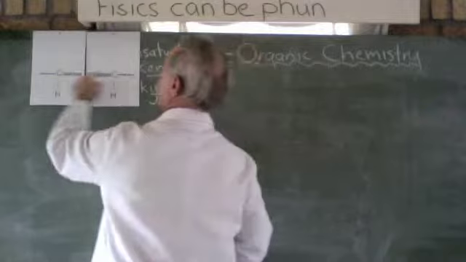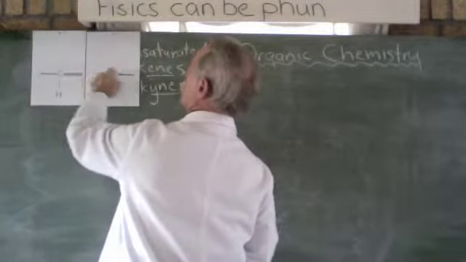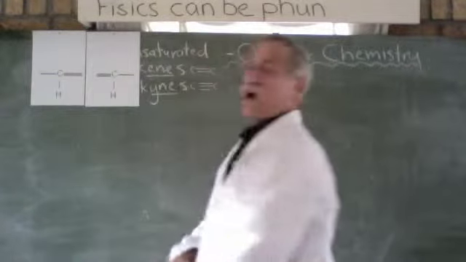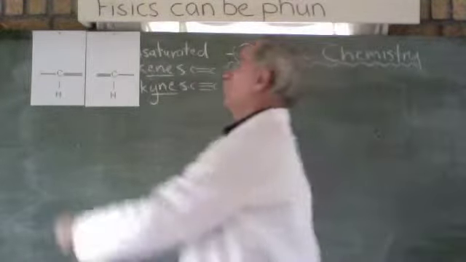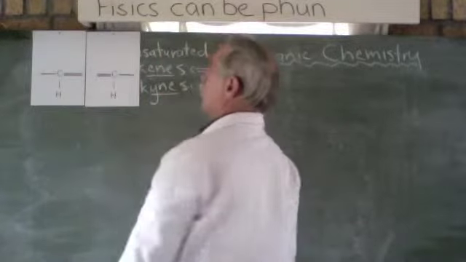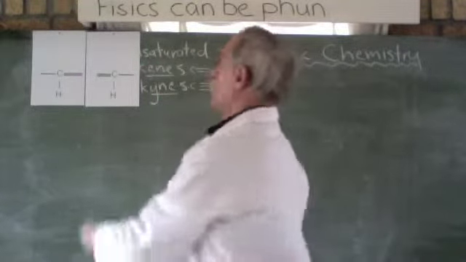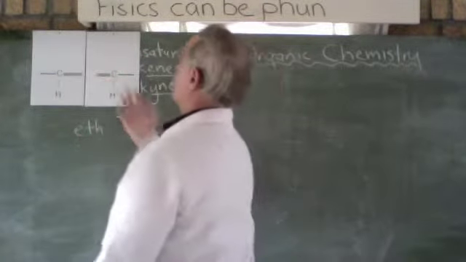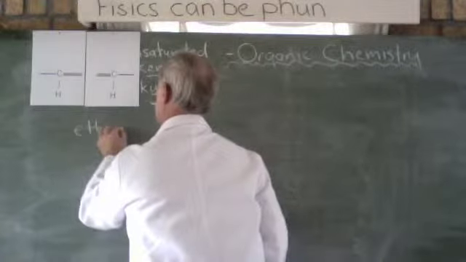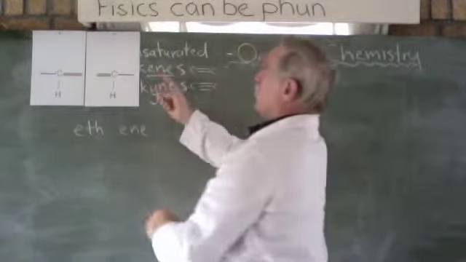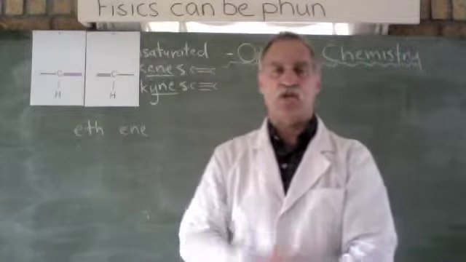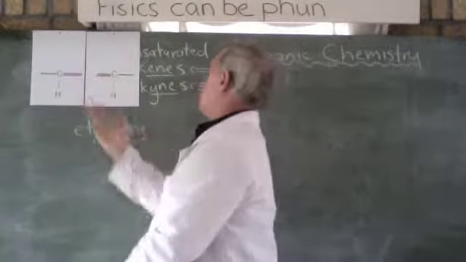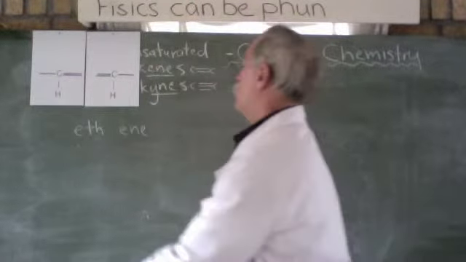So what do we notice? We have an unsaturated or double bond between two carbons. And then we have our hydrogen on either end. So how would we name that? Its prefix would be eth, and then it's got a double bond, so we would call it ene. The alkenes end in ene. So it's two carbons, that gives it the eth, and then because it's got a double bond, eth-ene.